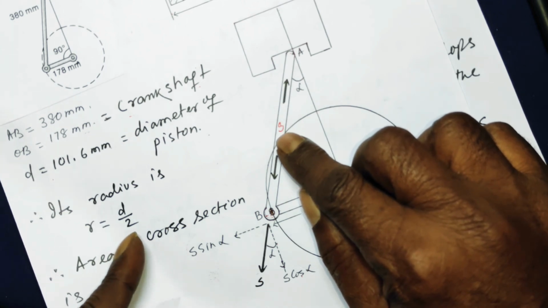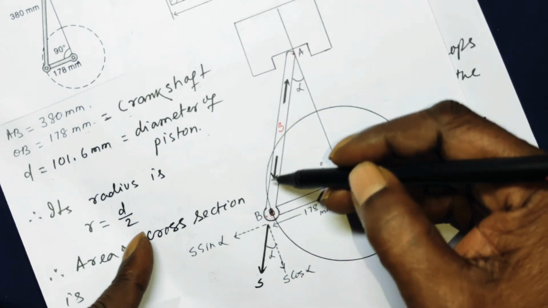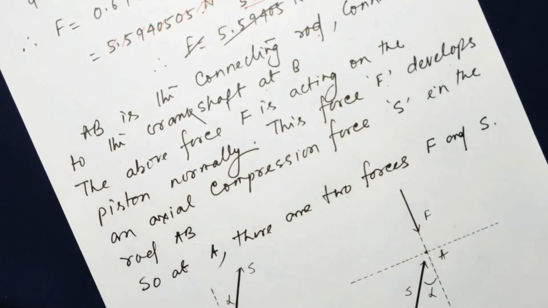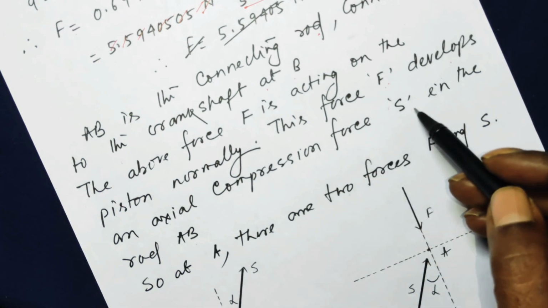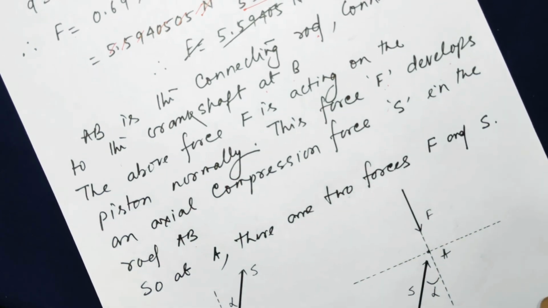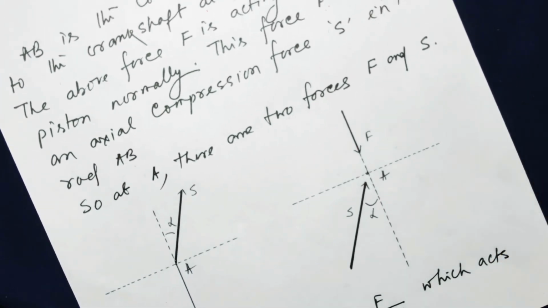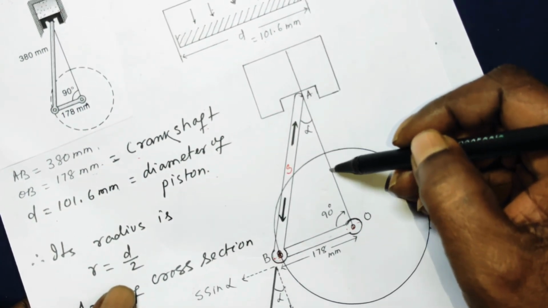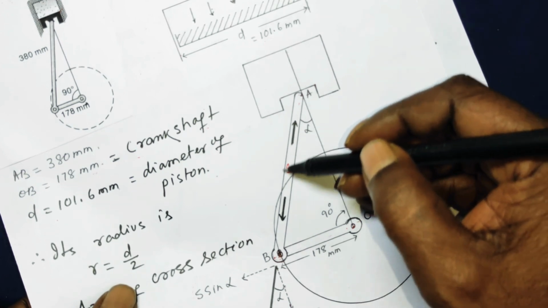Since it is a rod, not a string, it will be pointing towards the point A. It will be pointing towards the point B also. So this force F develops an axial compression force S in the rod AB. Now look at the point A. At point A, there are two forces, the force F and the axial compression force S along the rod AB.